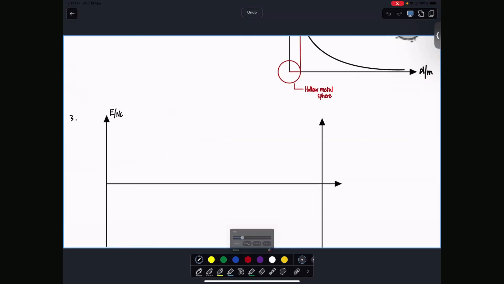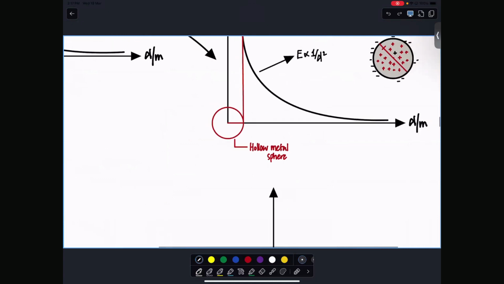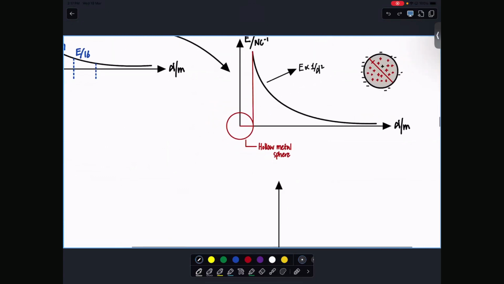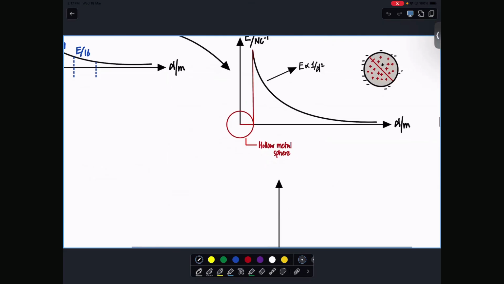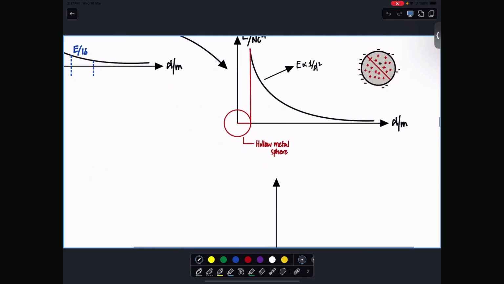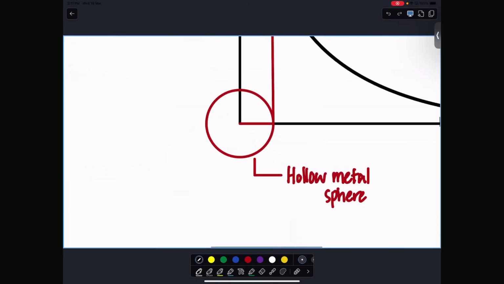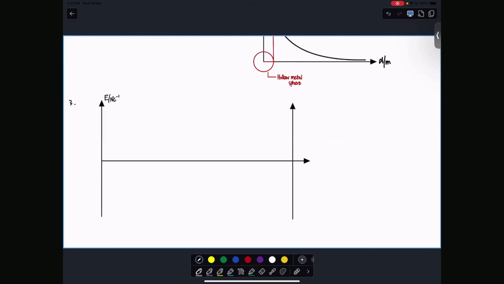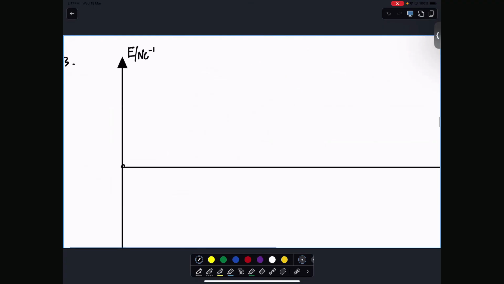The hollow metal sphere is not there, just the hollow. Because for the solid, we have to make an assumption, but the hollow we can work out, as there is strength from this side and strength from that side. So this is Newton per coulomb, this is distance d in meters, and we are assuming these are point charges.